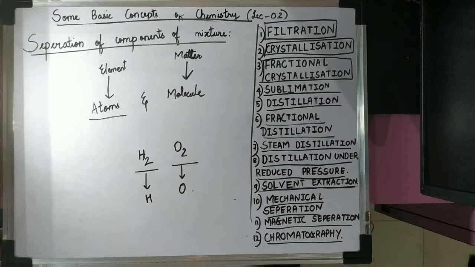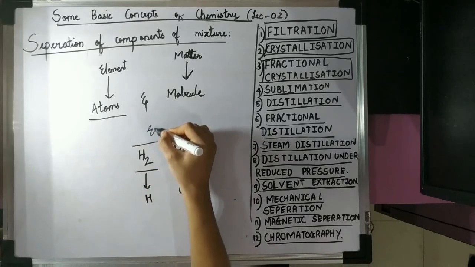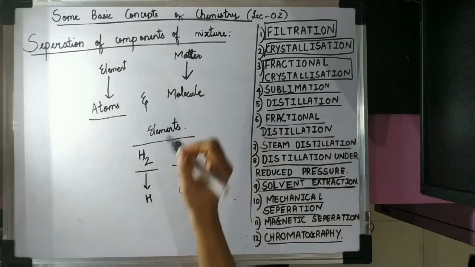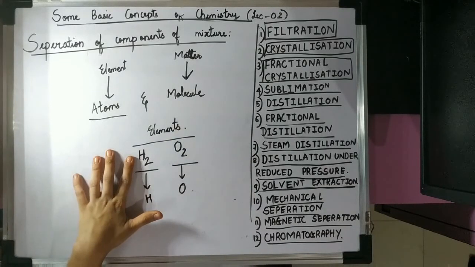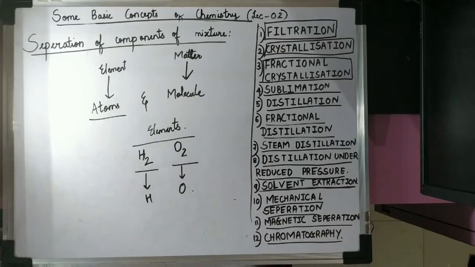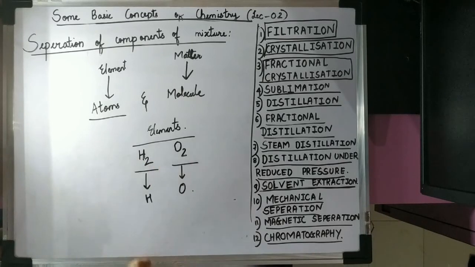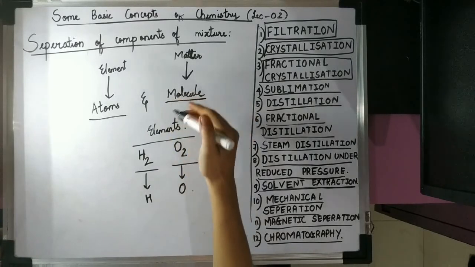Now, these two are elements. As I have told you, elements are made up of two or more similar atoms. Hydrogen and hydrogen are two identical atoms forming a hydrogen molecule. So this is an element, this is also an element. From the definition, a molecule of an element is homoatomic.